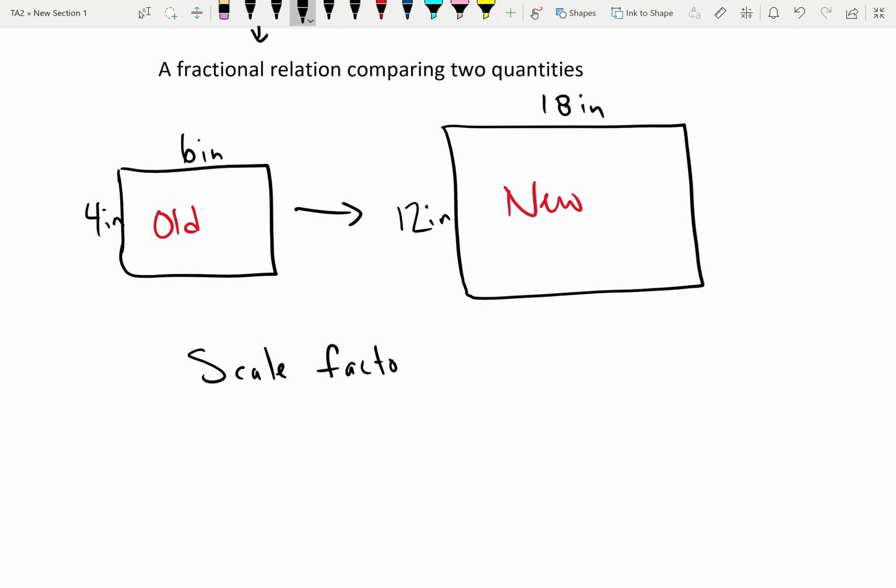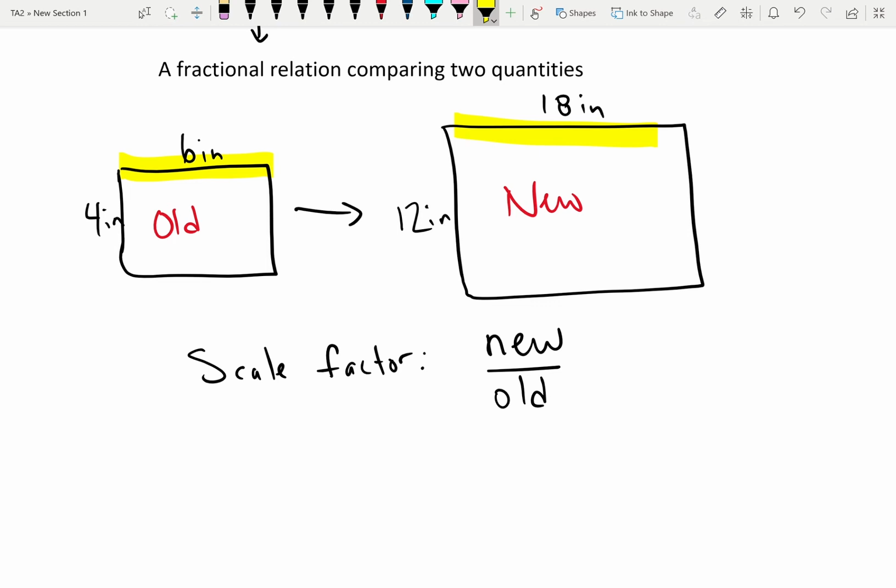Scale factor is just the new divided by the old. And you have to keep the corresponding parts. Corresponding parts just means if you are looking at this side, you have to match it up with the same side on the old picture. So you have to keep the parts matching.